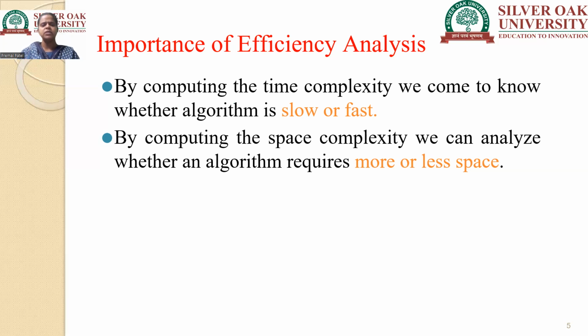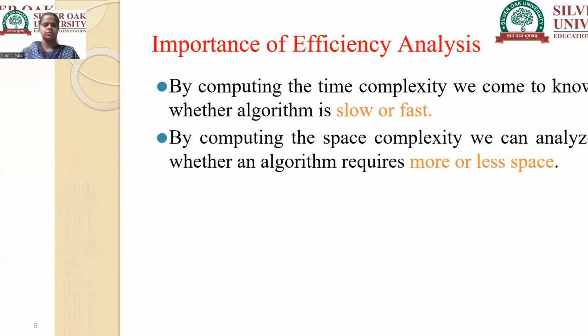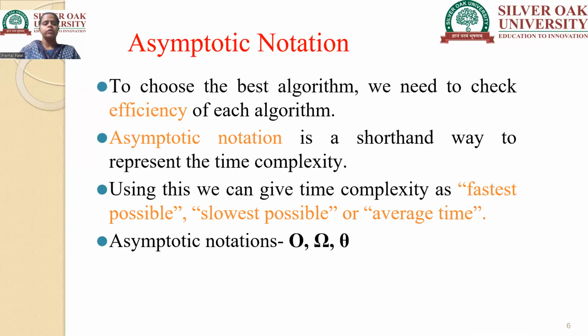Now by computing the space complexity, we can analyze whether an algorithm requires more or less space. That means the amount of space acquired by the algorithm in your system can be more or less.